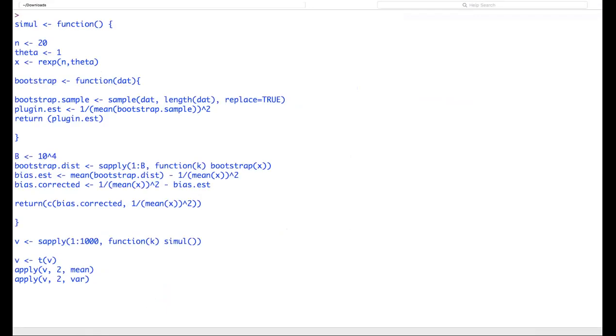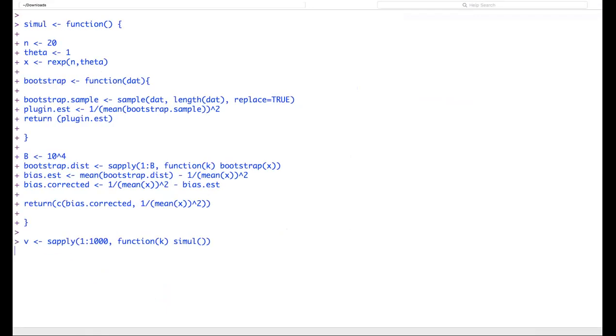Basically, this script here I can copy and then run in R. It will take a bit of time because I'm simulating this thing 1,000 times, which is actually quite a bit, because each run of this simul has 10,000 bootstrap iterations, and I'm doing this 1,000 times.